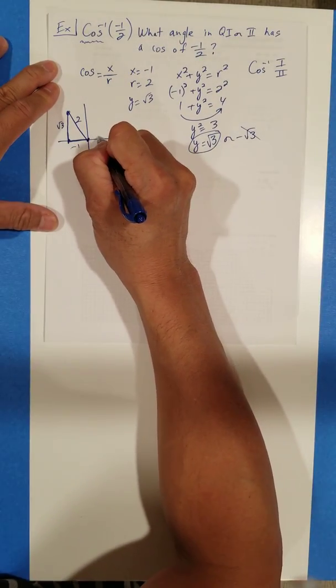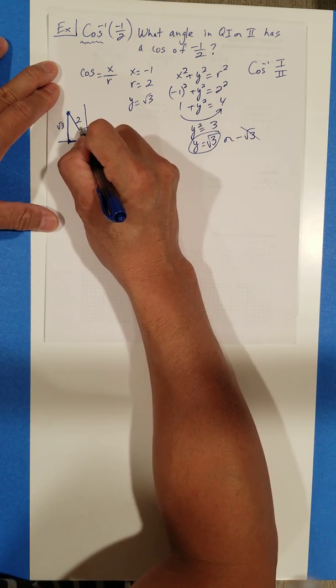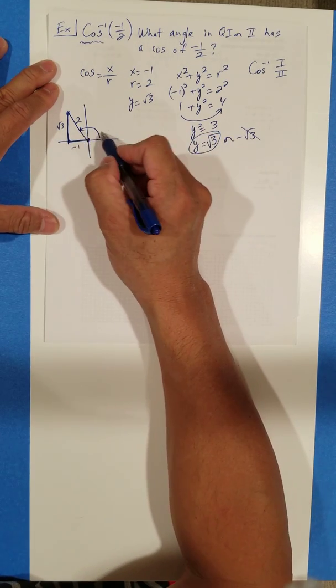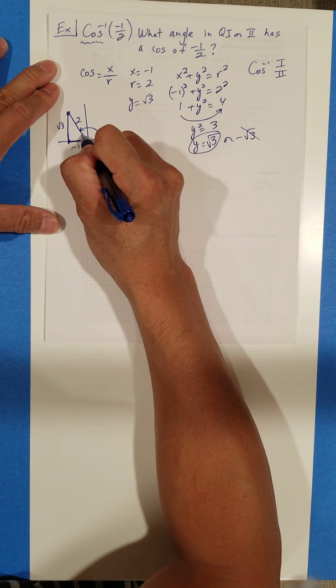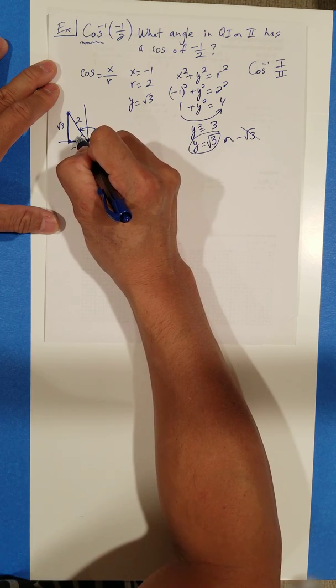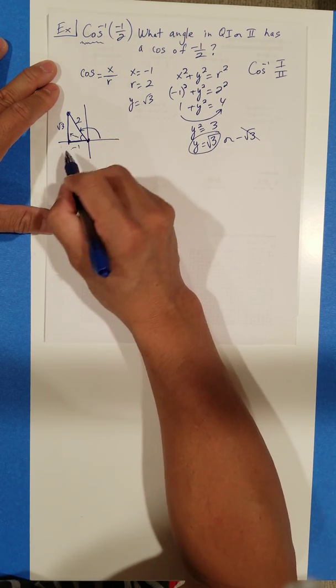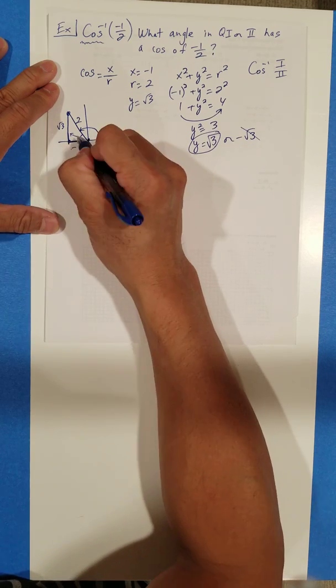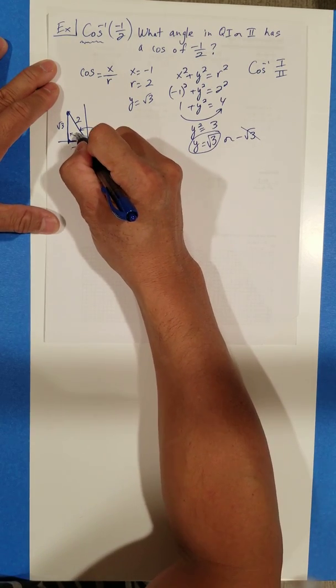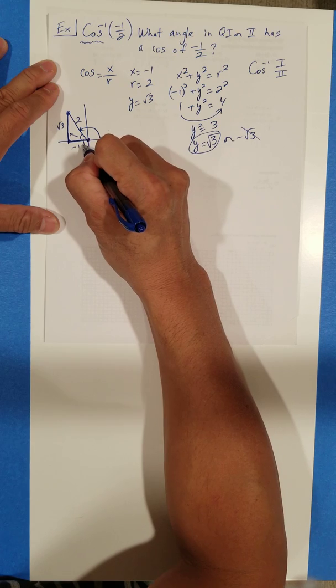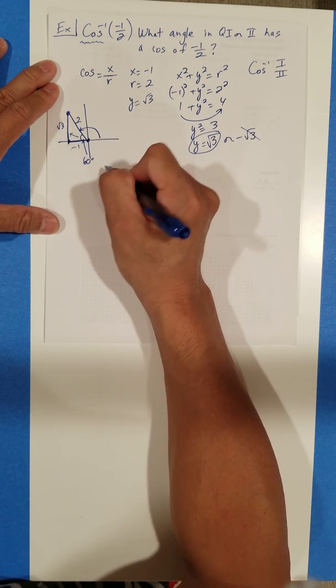Now, I want to know what's this angle here. Before you answer that, you have to know what's the angle inside. That's called the reference. What angle is always across from the radical 3? So this angle inside there is 60 degrees.